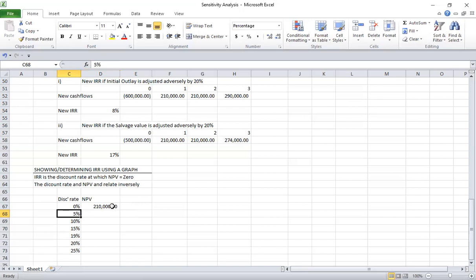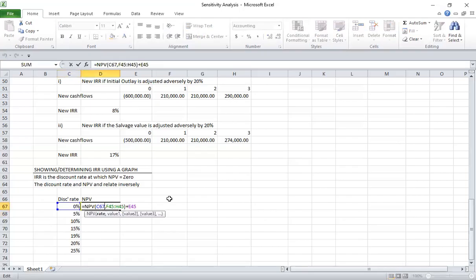Actually, what you can do is, let's work with the formula for NPV at this 0%. I will go to the formula for that 210. Now, in this formula, the only thing we are changing is the first cell, in my case that is C67. That is the cell for the discount rate that we will keep changing.